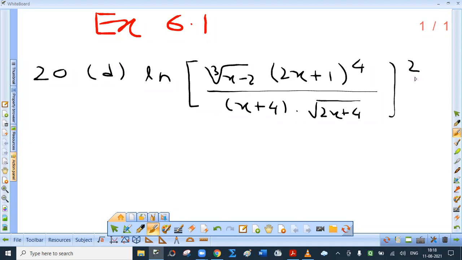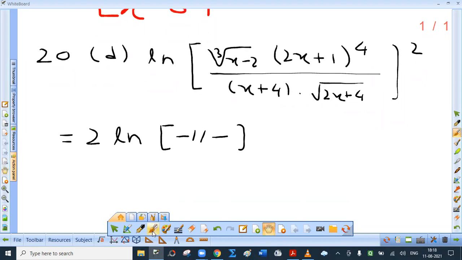Okay. Basically, what is log of m raised to n? It is nothing but n log m. So in the very first step, I'm going to write 2 ln. Actually, it is not correct to use ditto mark, but here I am using that.